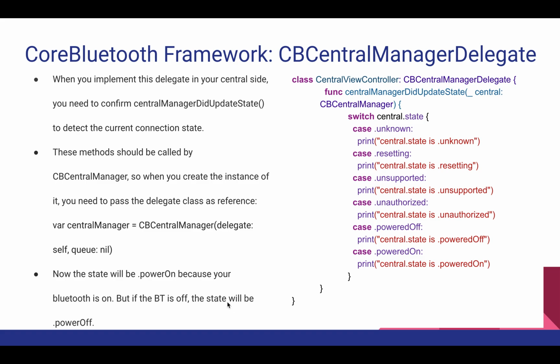So the Central Manager Delegate has the callback methods which will be called by CBCentralManager when the connection-related activities are happening, right? When you implement the delegate with centralManagerDidUpdateState, this function will be called, which lets you know the connection state of the central.